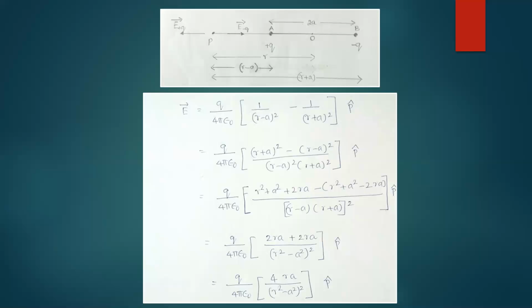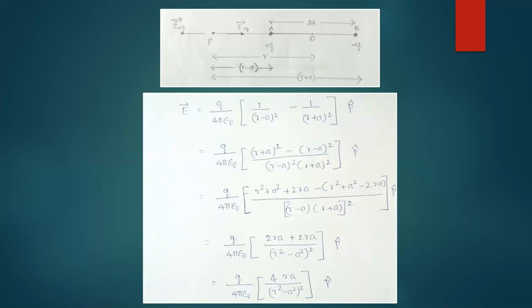Therefore, E bar is equal to Q by 4 pi epsilon naught, 2RA plus 2RA, because in the numerator R square and minus R square is cancelled, A square minus A square is cancelled, and the remaining will be 4RA. 2RA plus 2RA is equal to 4RA.